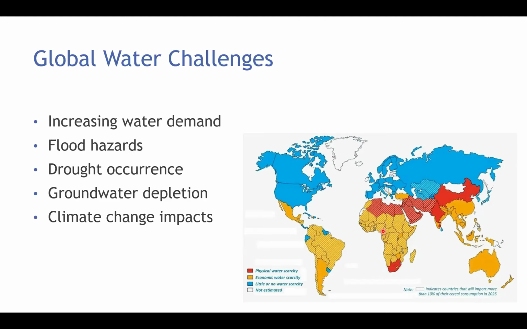That is again a problem for us. Then occurrence of drought. You get excess water in one season and too little in another season. Therefore, what happens is this erratic distribution of the rainfall.